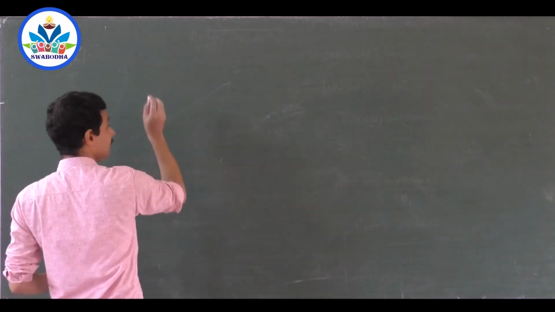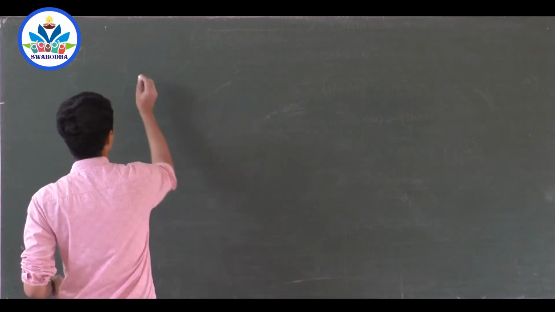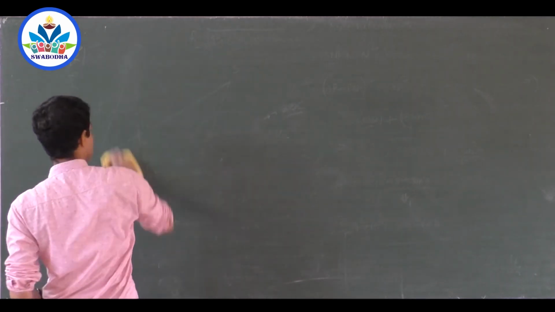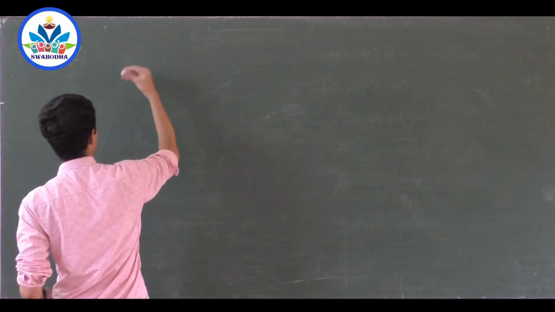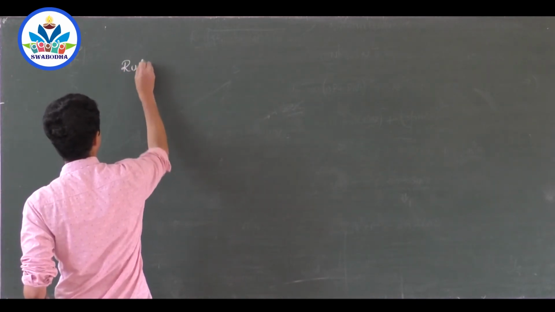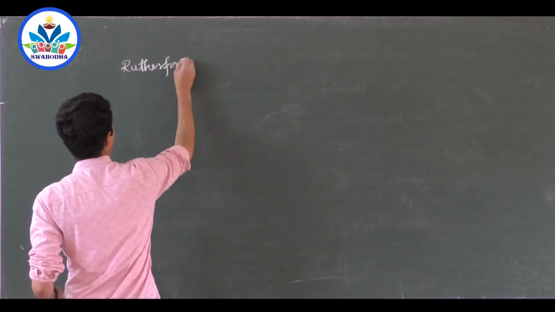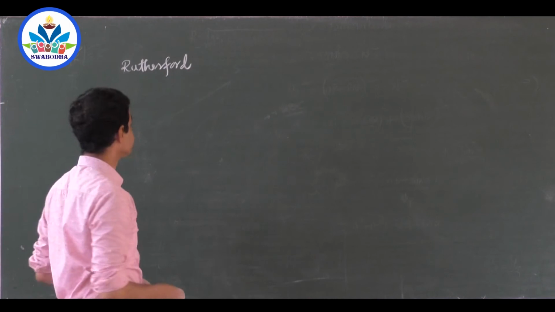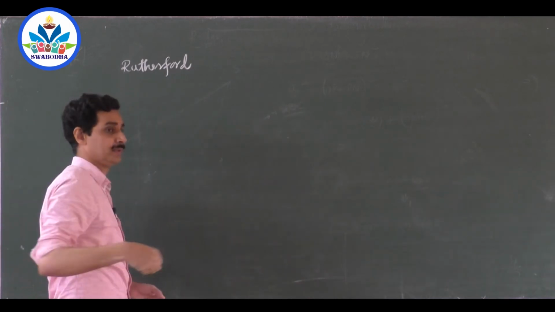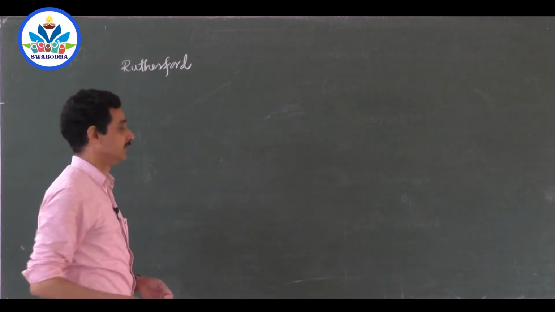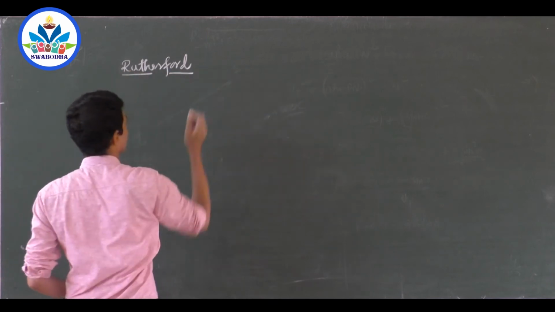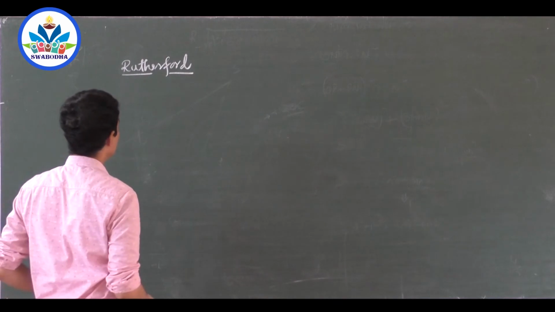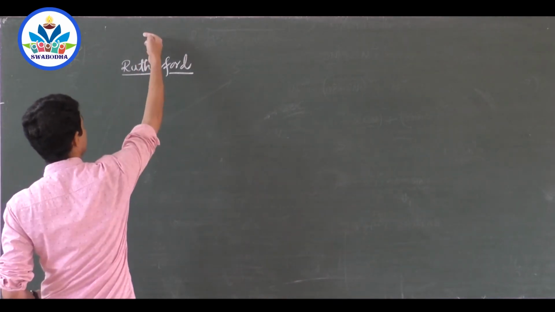So three persons worked on this experiment. One is J.J. Thomson, and Rutherford, his student, right? J.J. Thomson's student, Rutherford. And Rutherford's student is Chadwick, right? So they are three people, one the student of the other. James Chadwick, his student, and Thomson, his teacher.